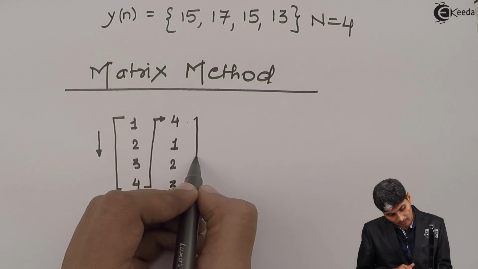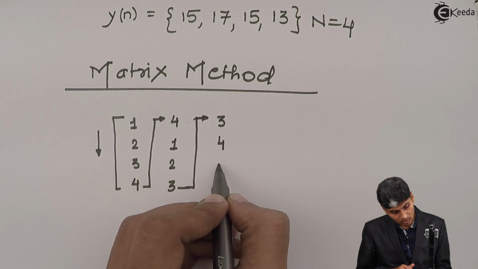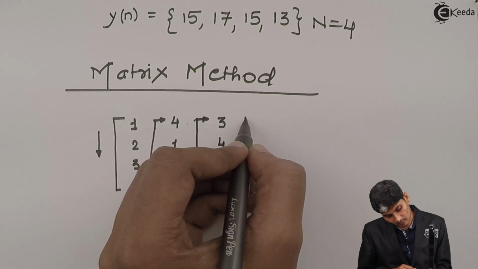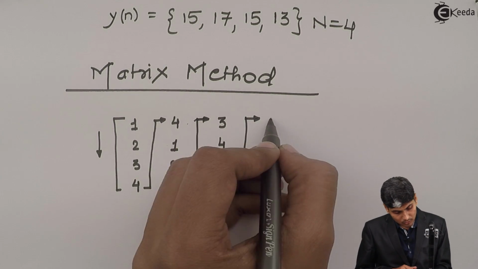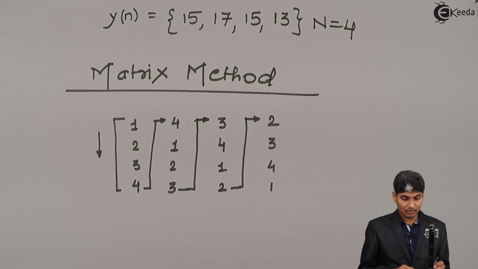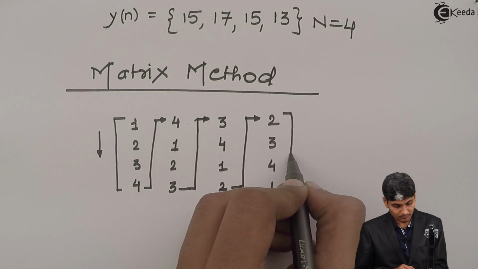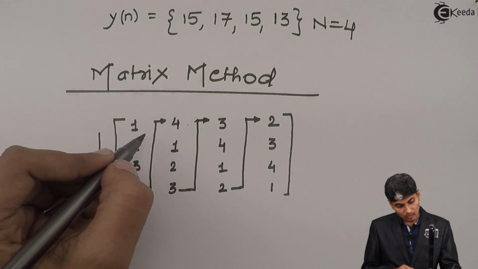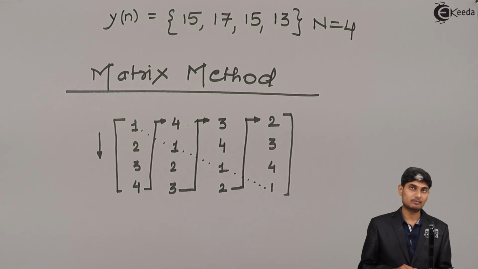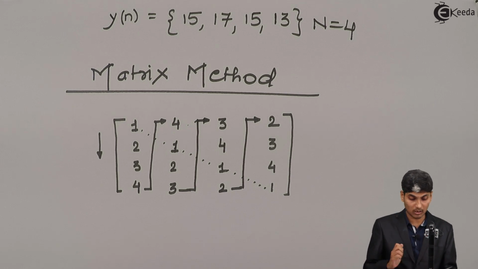Now push this 3 up again, you will get 3, push it down, 4, 1, 2, then go up again, push it down, 2, 3, 4, 1, and now if I do it again, I will get 1, 2, 3, 4. So stop here. You have to see that the 1 has traversed completely till the bottom. That is the first sample, traversed completely till the bottom, and there you have to stop.